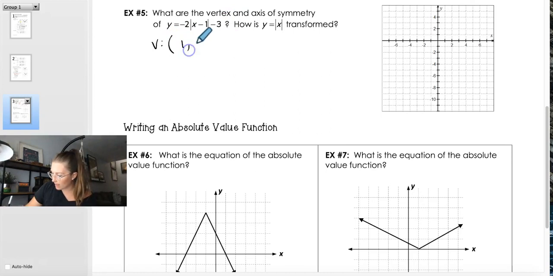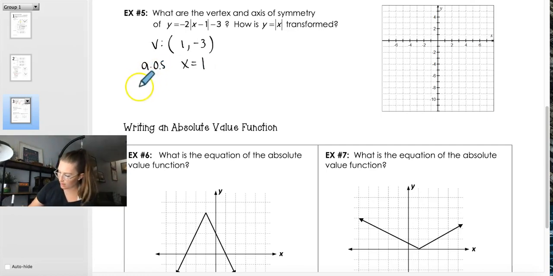So this would be 1, negative 3. Your axis of symmetry is the vertical line through the x value of your vertex. So that would be at x equals 1.